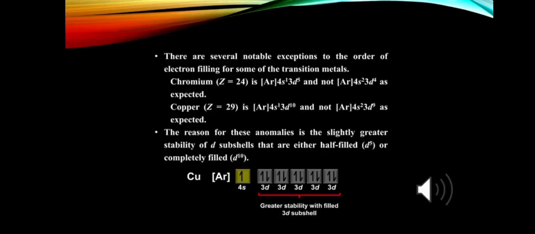So this is mainly due to the relatively high stability of the d orbitals as compared to the s orbitals. That's why a d configuration, whether half filled or fully filled, is more stable. So one of the electrons jumps from the s orbital to the d orbital, showing some anomalies in the electronic configuration of copper and chromium.